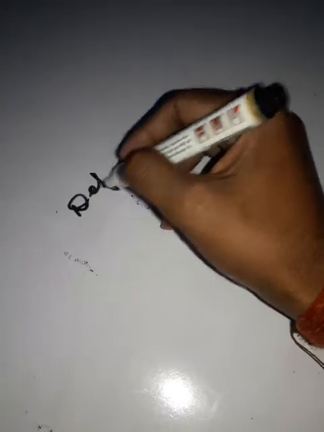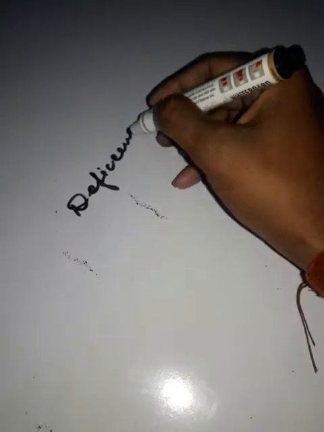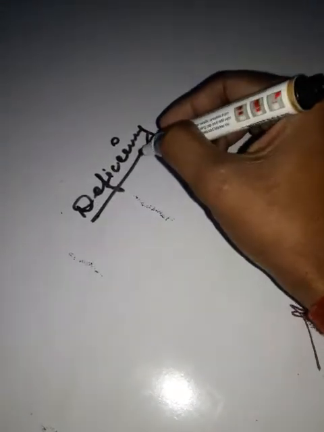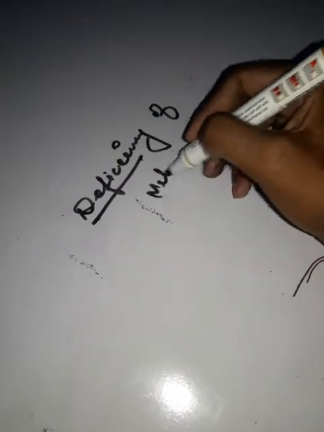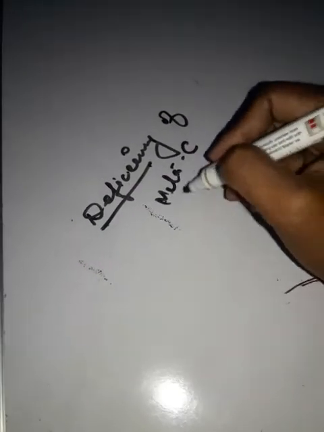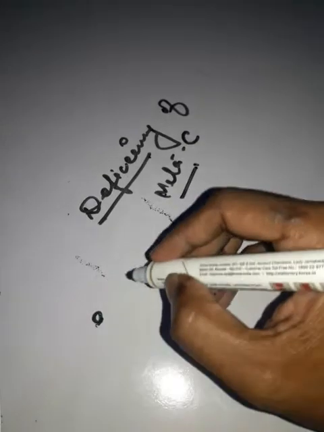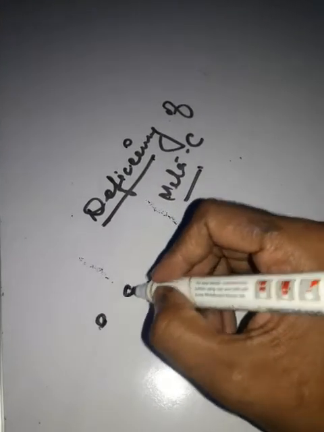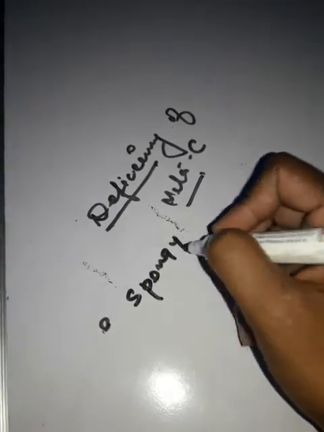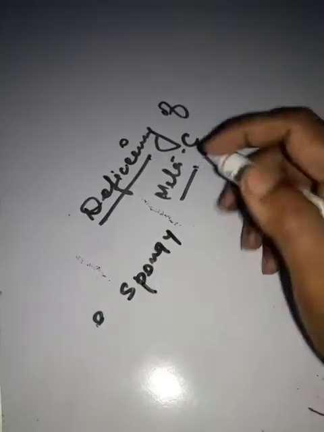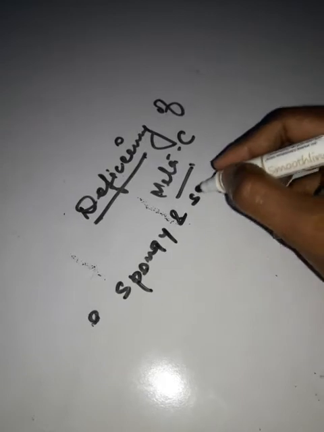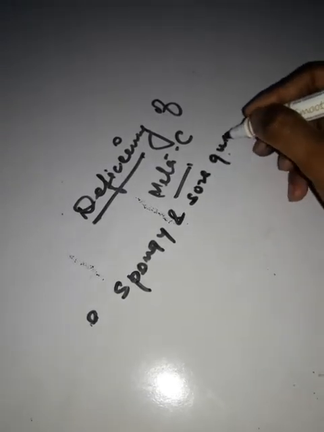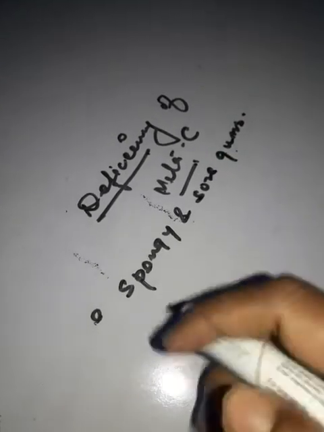Now we will talk about the deficiency of vitamin C. When deficiency of vitamin C takes place, the first symptom is spongy and sore gums.